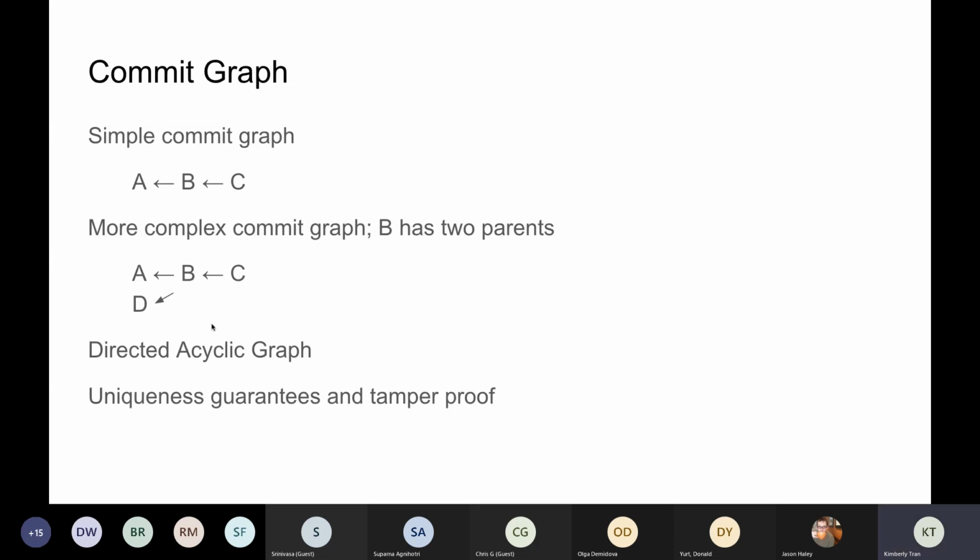Commits have uniqueness guarantees and are tamper-proof in the sense that each of these commits has a hash, and that hash is propagated to the hash of the new commit. It's part of the new commit, so that it's tamper-proof.